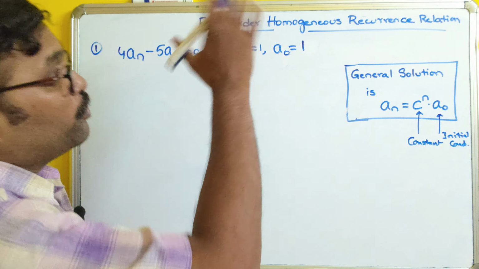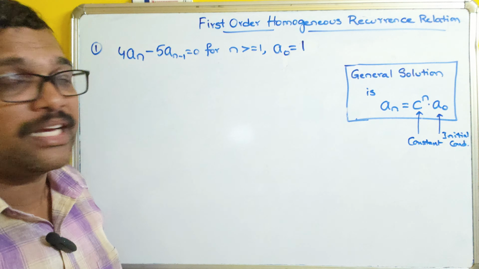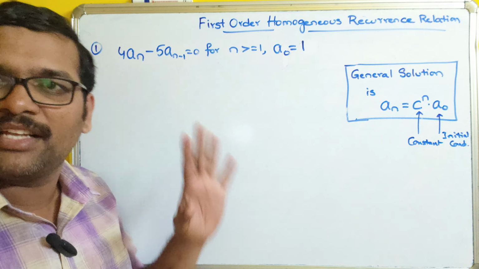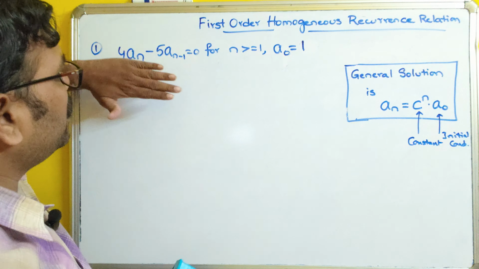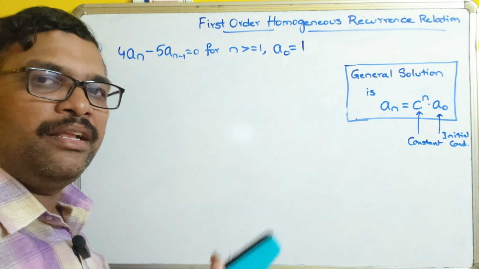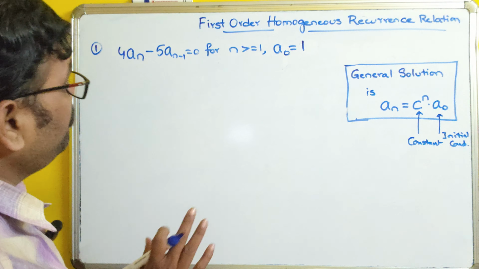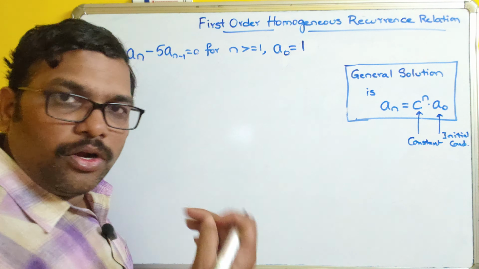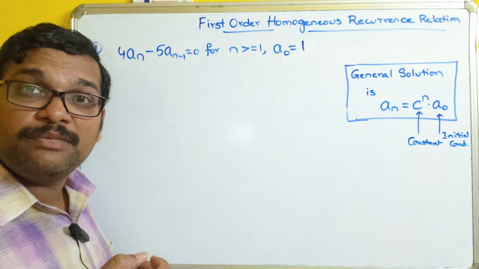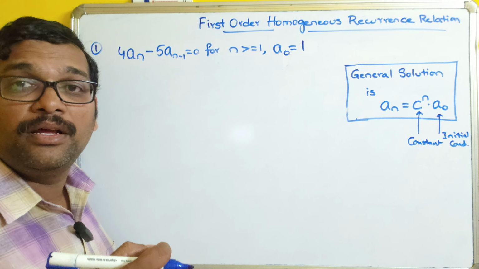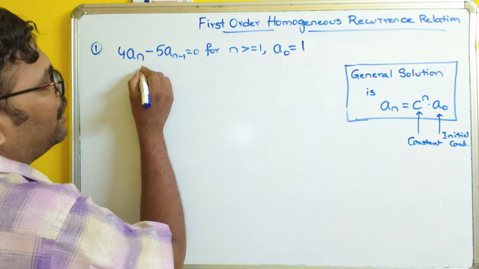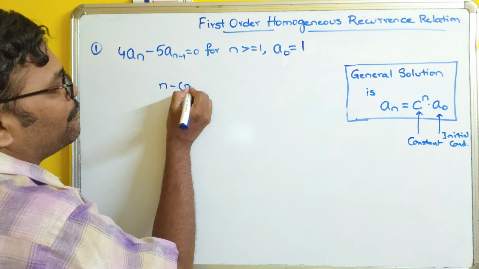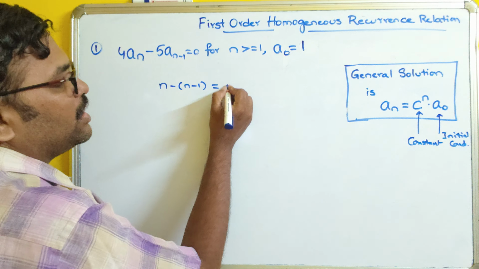Here today's concept is first order homogeneous recurrence relation, so obviously we can say this is first order. But if you are giving only this problem, how can you find the order? In order to find the order, take the difference between the highest subscript and lowest subscript. The highest subscript is n and the lowest subscript is n minus 1, which is nothing but 1.